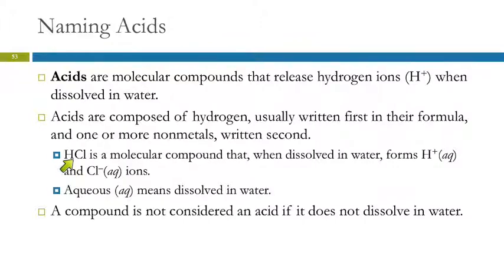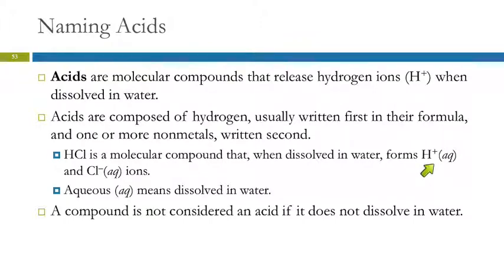We can name it according to the molecular compound names. What would we call that? Hydrogen monochloride, right? Because it's 1 hydrogen and 1 chlorine. Hydrogen monochloride. When that is dissolved in water, it forms ions. It's not an ionic compound, but when it dissolves in water, it forms ions.